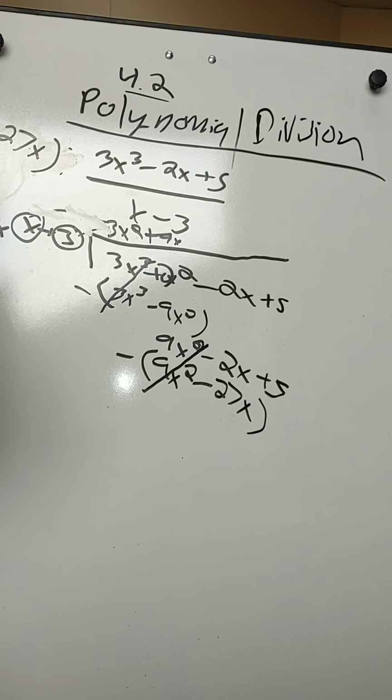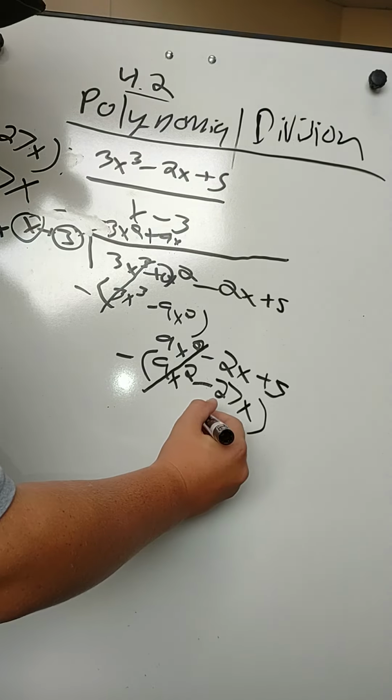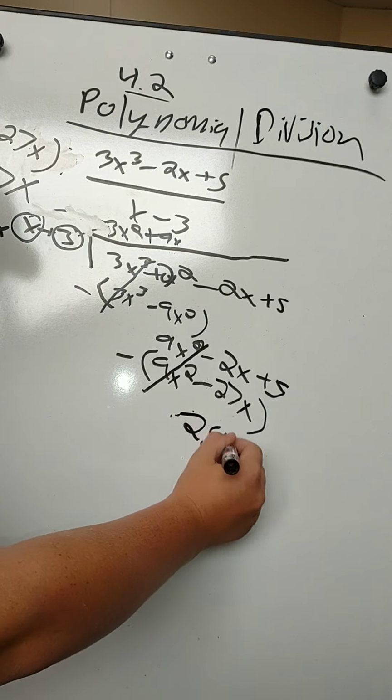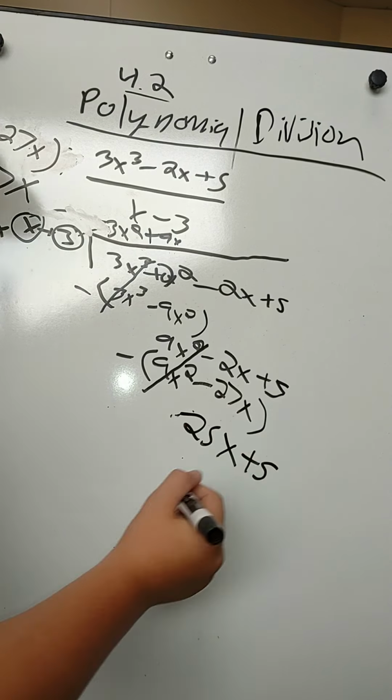So it's going to be negative 2x plus 27x. So we're going to be left with 25x. And that's just going to turn into 25x plus 5.